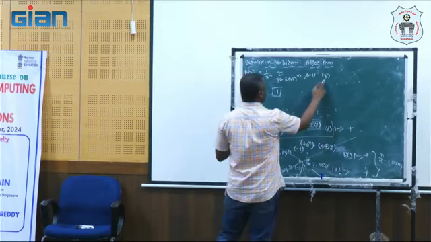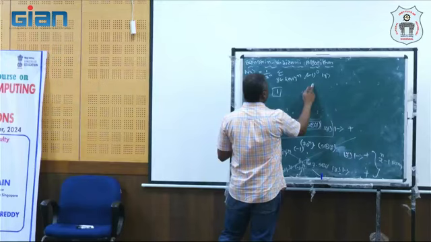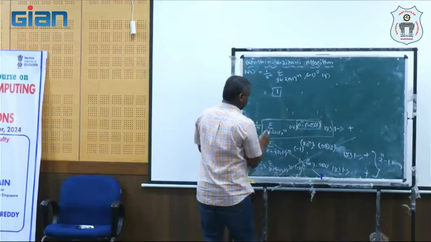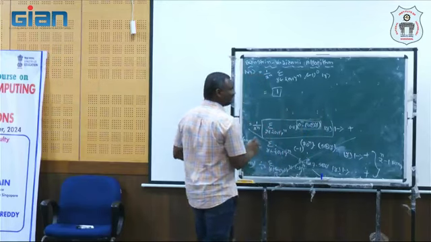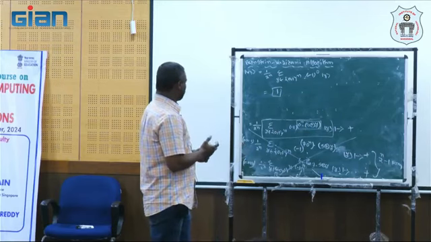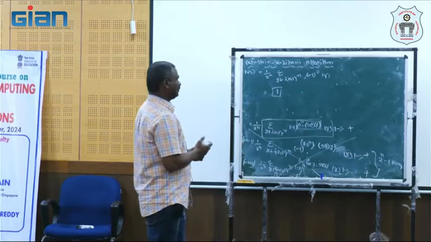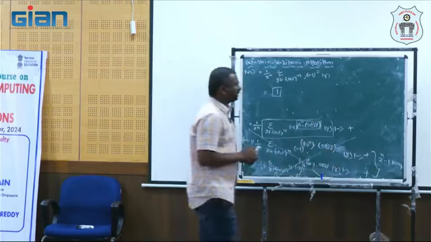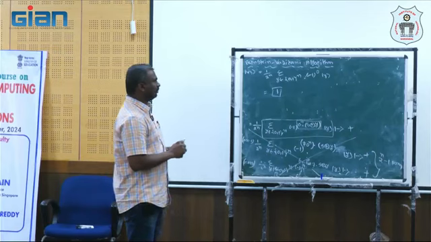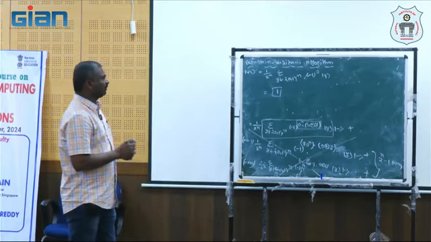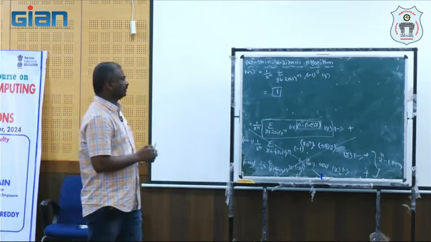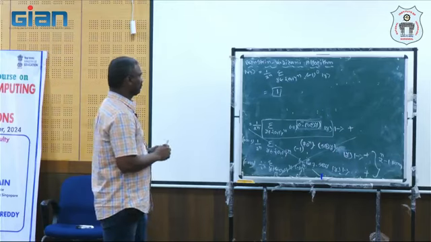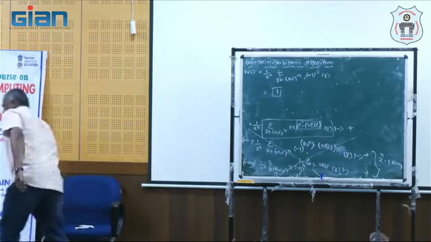Minus 1 whole power n, 1 by 2 power n. I think something I missed. One second. X dot s or y, that is correct. Y is also there. Okay, just a second.